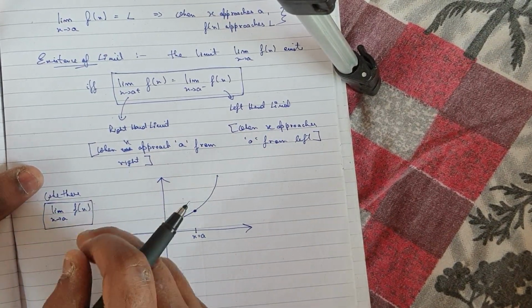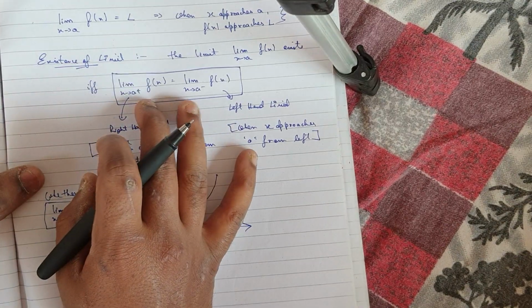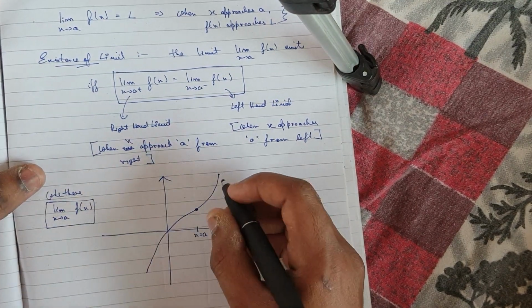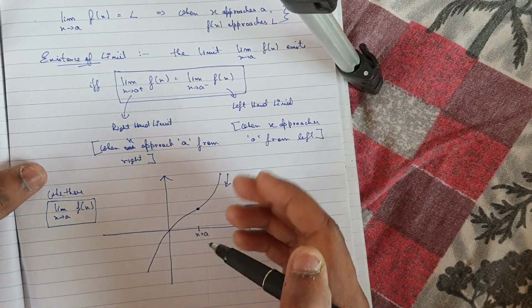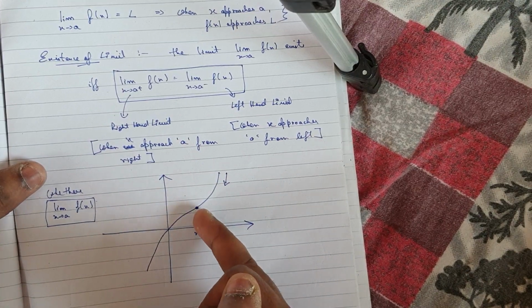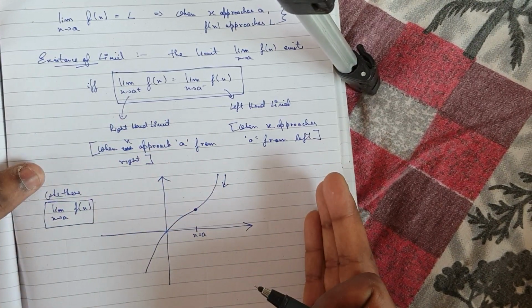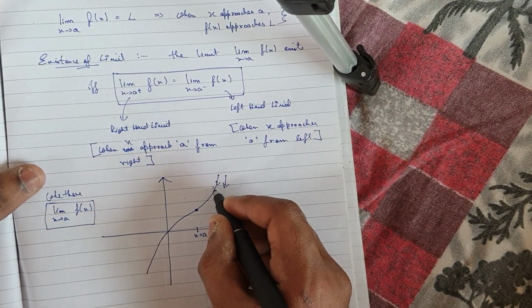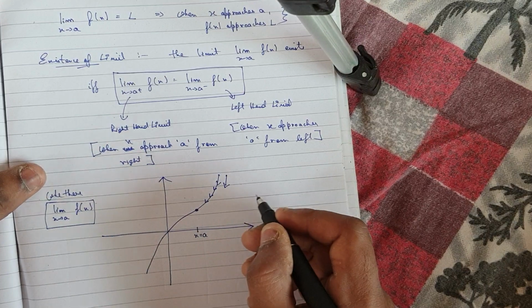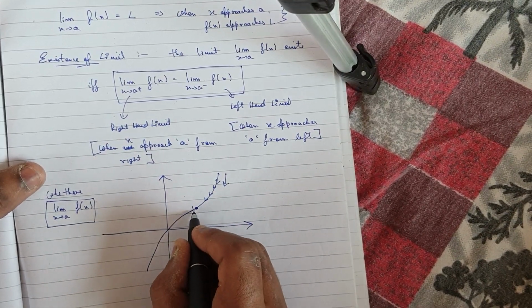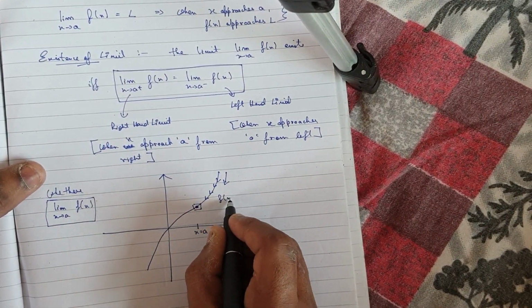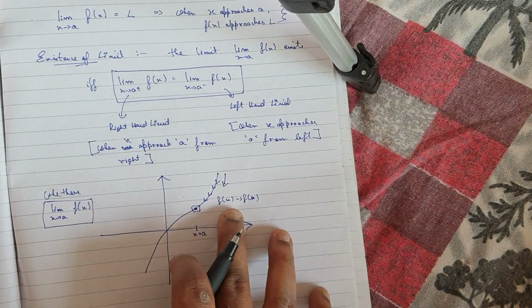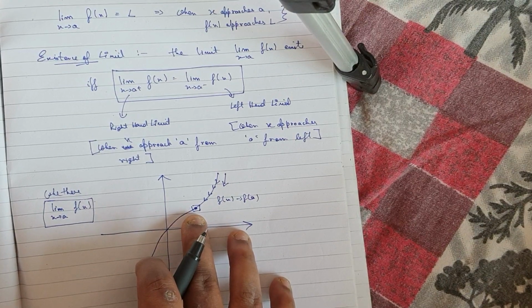We have seen that for this to exist, this mathematical condition must be satisfied. Now this condition basically means, suppose we are traveling from here, coming down towards x equal to a from the right of a. As we are traveling towards x equal to a from the right of a, we find that f(x) is approaching f(a), right?